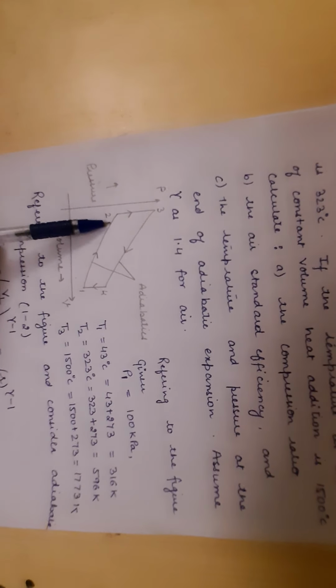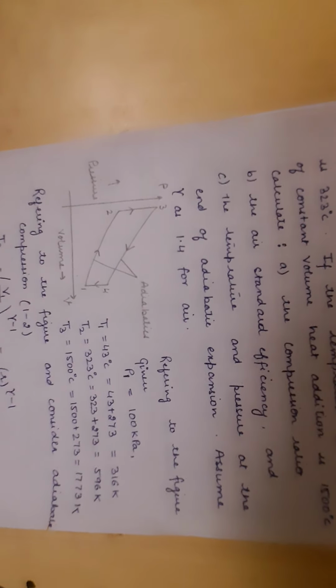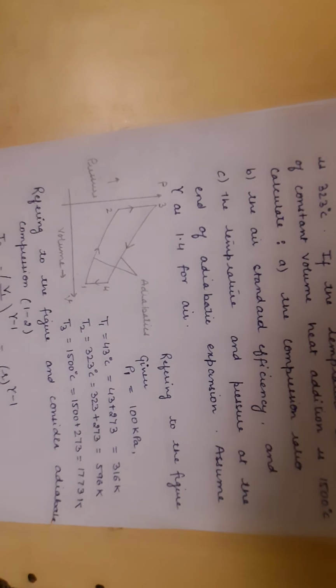Now we again refer to the figure and consider the adiabatic compression, which is from 1 to 2. This is your adiabatic compression taking place from 1 to 2. We have already done this in derivation. When we need to calculate the compression ratio, it is always the higher temperature upon the lower temperature.